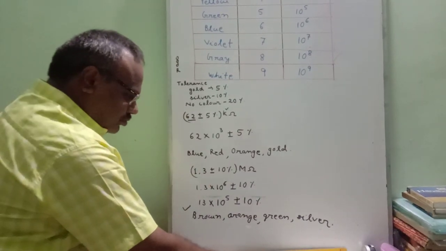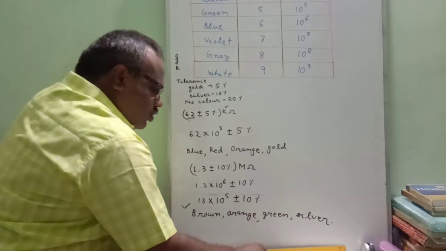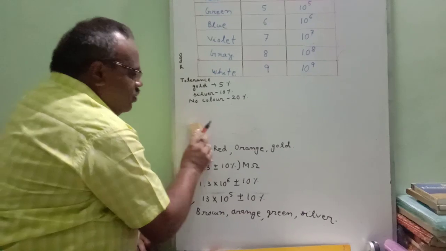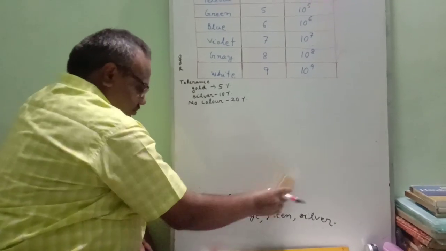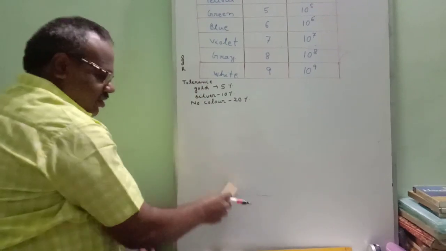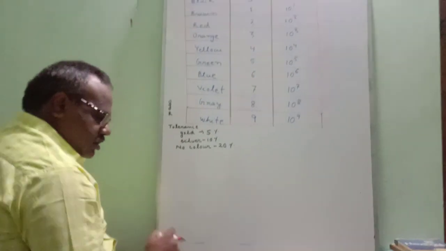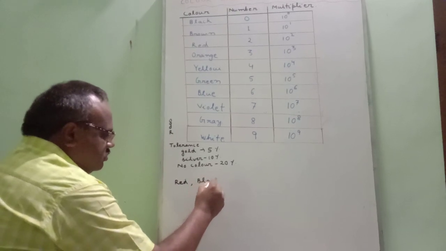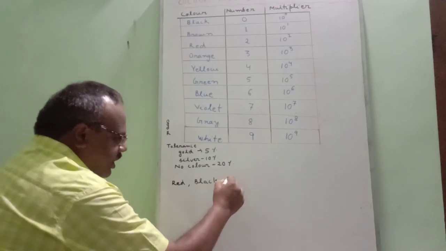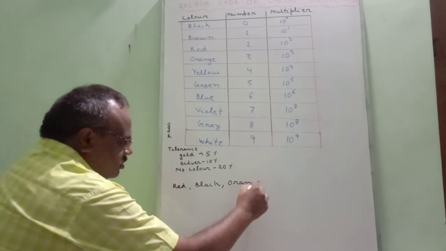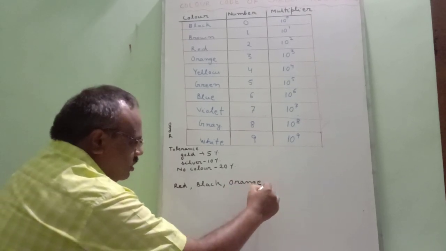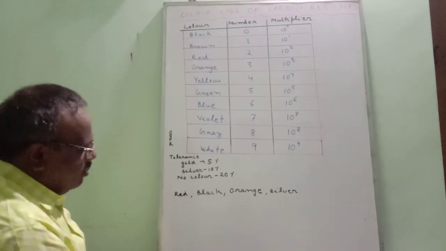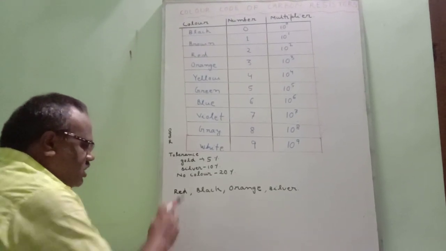Suppose your color code is given and you aim to write what is the value of it. Suppose the color code is red, black, orange and silver. So the first color is red.